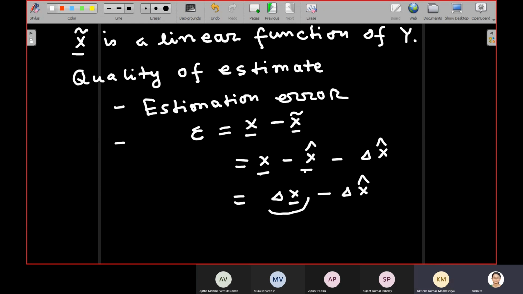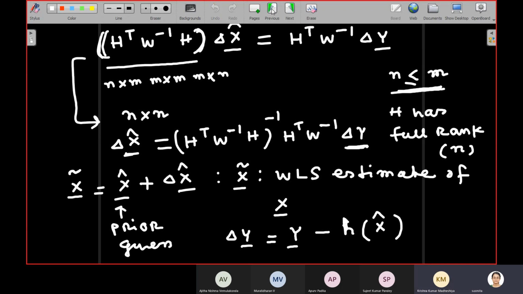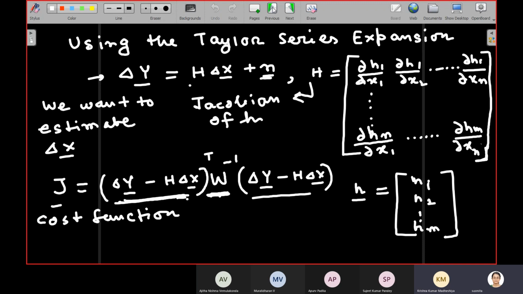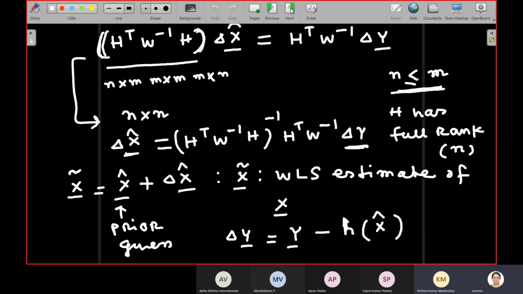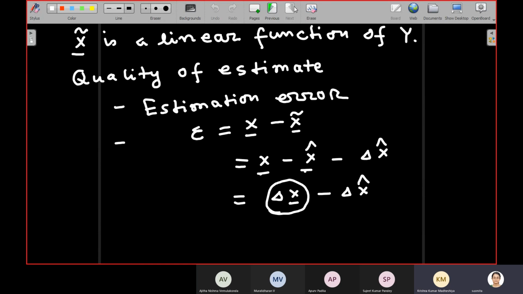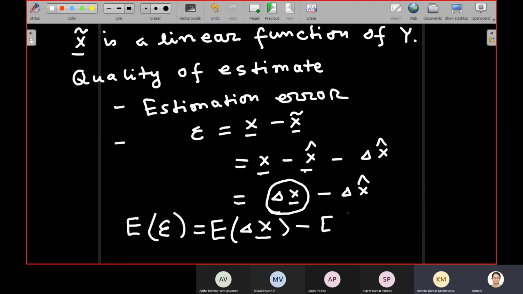Now how about this one? We already found that the mean of that is 0. Here we showed that the mean of this is 0. So the mean of epsilon is the mean of delta x and the mean of delta x hat. So you know that this is 0.